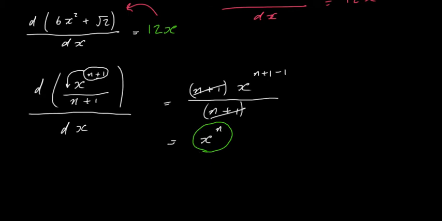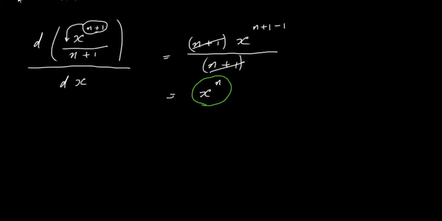Now, why am I doing this? Well, we know from what I've done earlier that if I integrate, or find the antiderivative of, x to the power of n with respect to x, my answer will be x to the power of n plus 1 over n plus 1 plus my constant of integration.